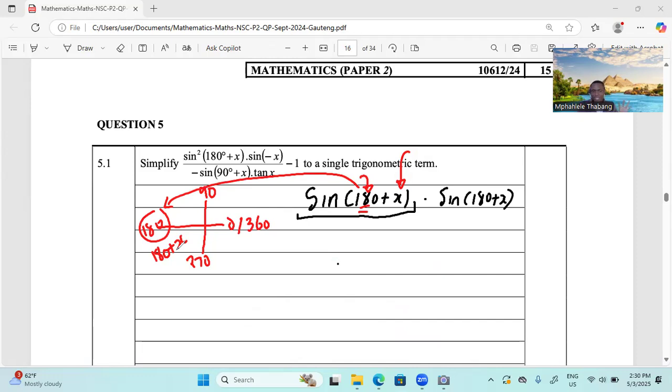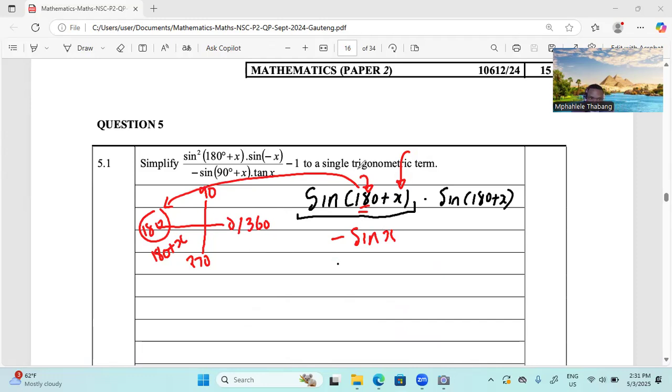So 180 plus x is in the third quadrant. And remember that in the third quadrant, it is tan which is positive, which means the sine in the third quadrant is negative. So sine(180 plus x) becomes negative sine x.